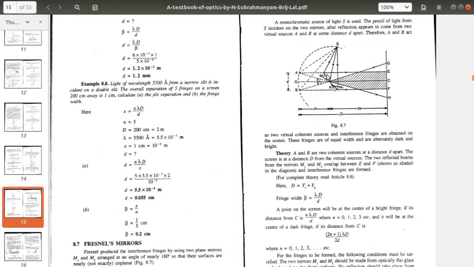But we have drawn only two lines at the end points, one line at this end of mirror M2 and another line showing the light falling on the end point of mirror M1.